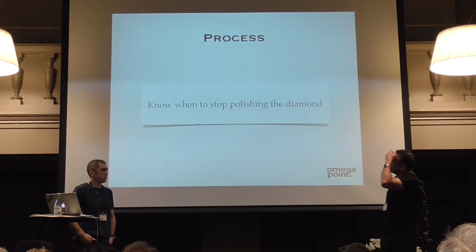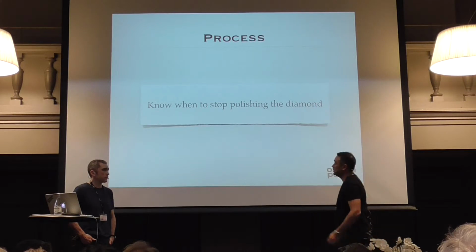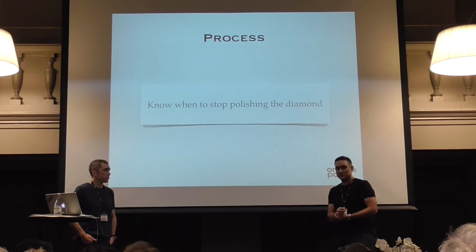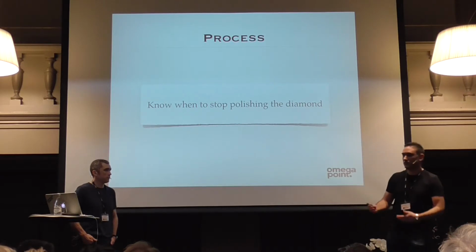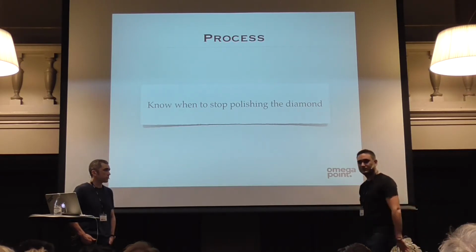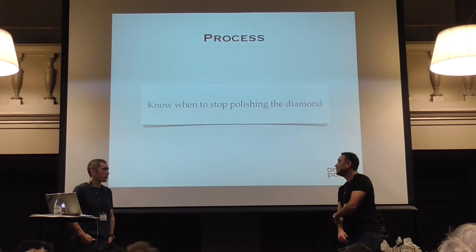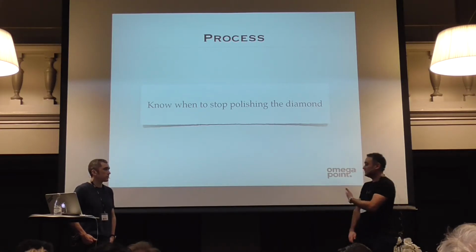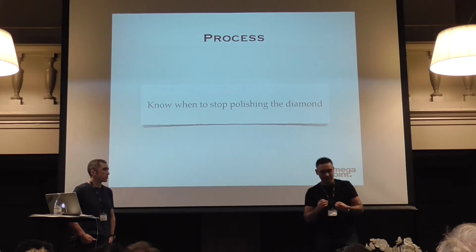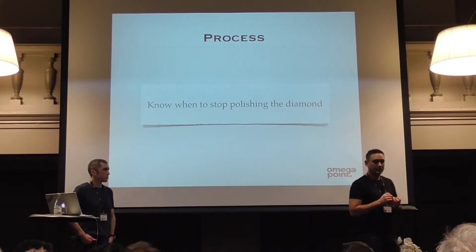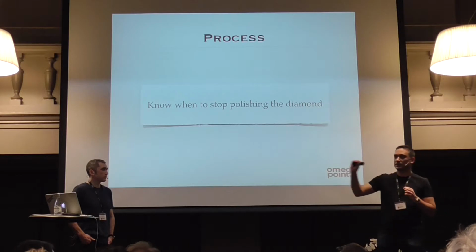So your processes will probably start looking like this. You need to know when to stop polishing the diamond. You probably heard this. Some people say good enough. Some say you should not build the holy grail. Yes, you heard that. But the key point here is that you need to start looking at software in a way that, okay, how can we get this to customers really fast?